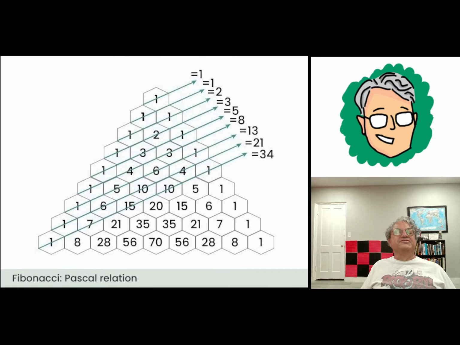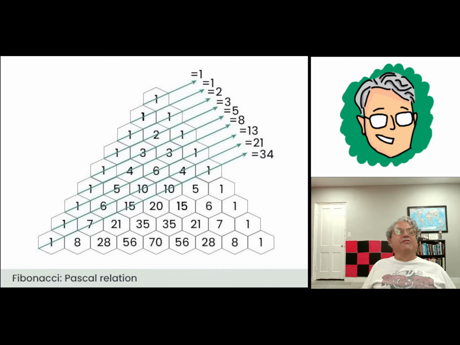So for instance, the first line just hits the top 1, so that's 1. That's F1 if you like. And then the next one hits the 1 in the second row on the left. That's also 1. But the third one hits two 1s. It hits the first row of the third column, and then it hits another one on the right side of the second column, and that's 2.